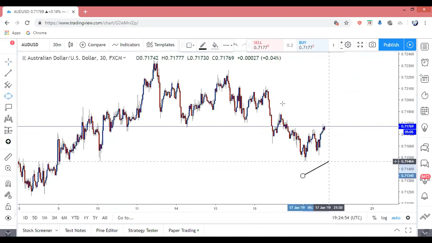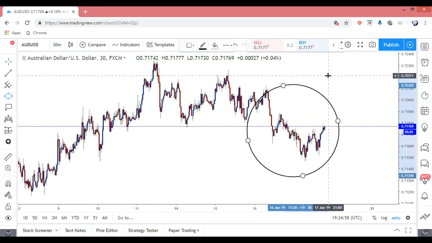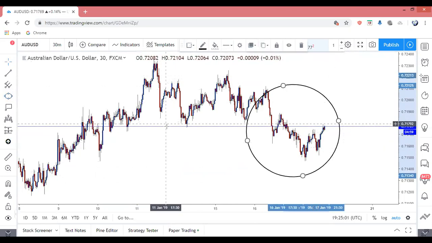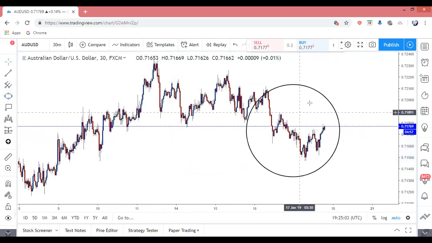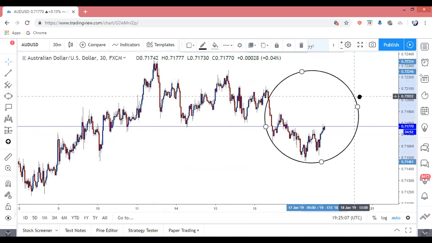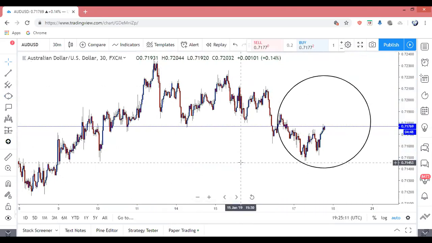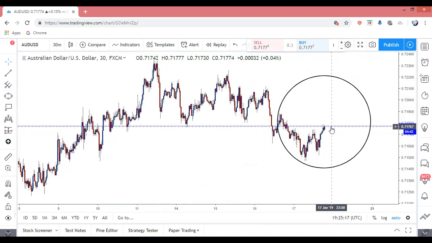Just look here where I have the circle. Just this area alone. Tell me another reason for that buy that you remember which we had analyzed, which there's going to be a buy here. So tell me another reason for the buy.